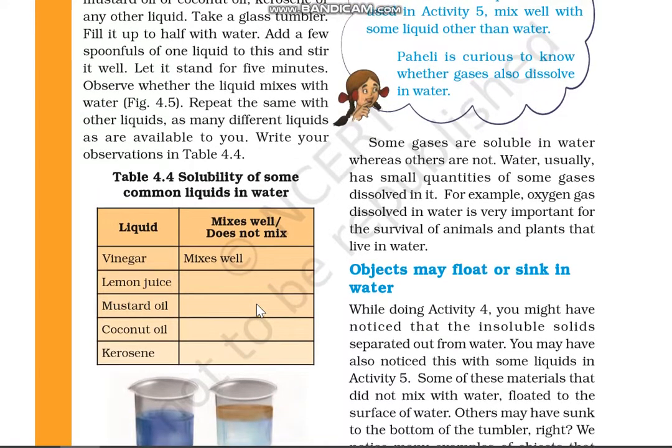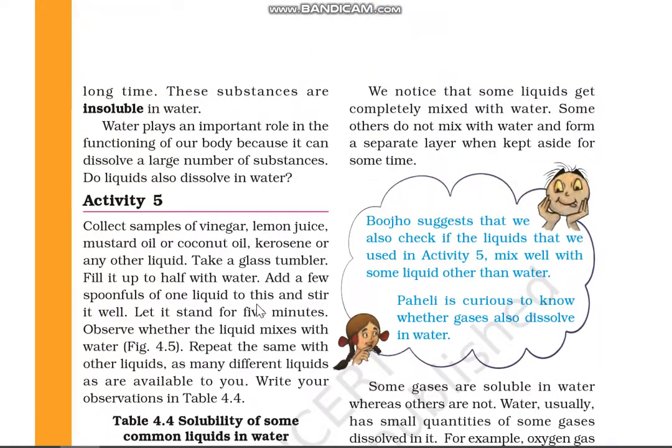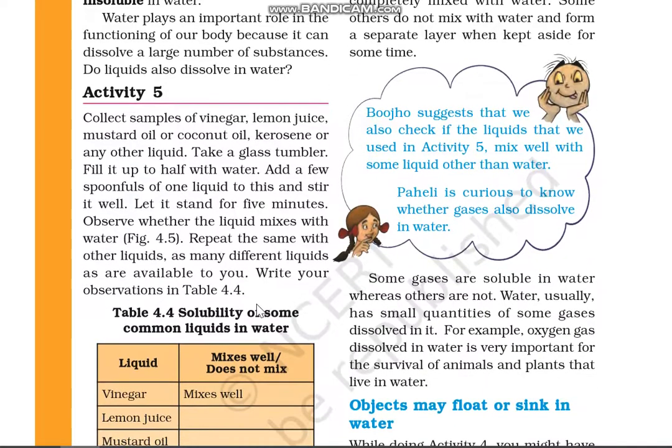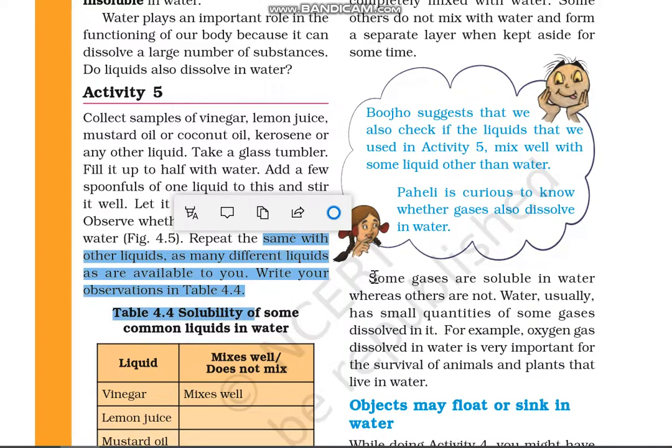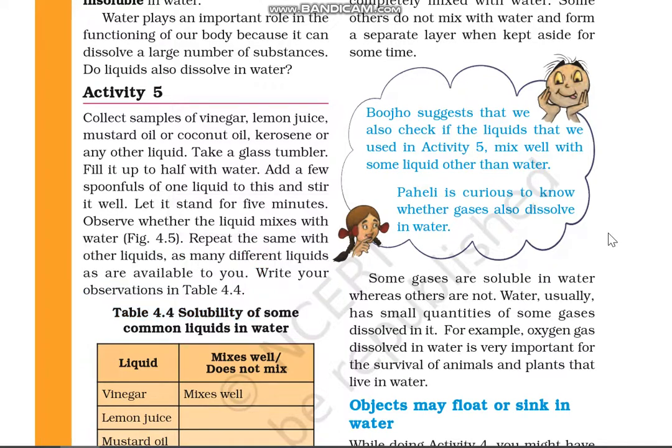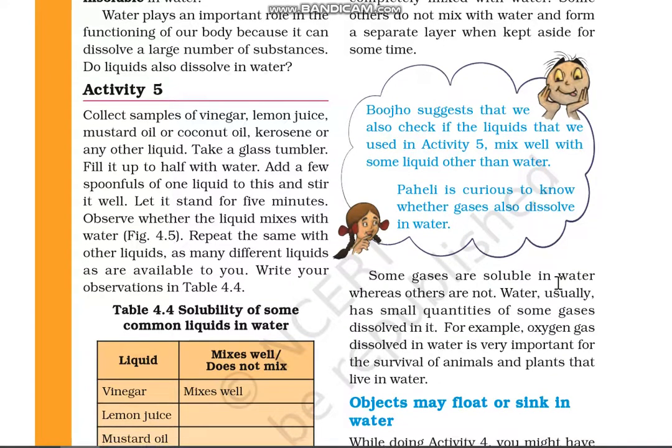That is the activity based on the solubility and insolubility of substances in water. Some gases are also soluble in water and some gases are not. For example, oxygen gas dissolves in water and it is very important for the animals and plants that live in water.